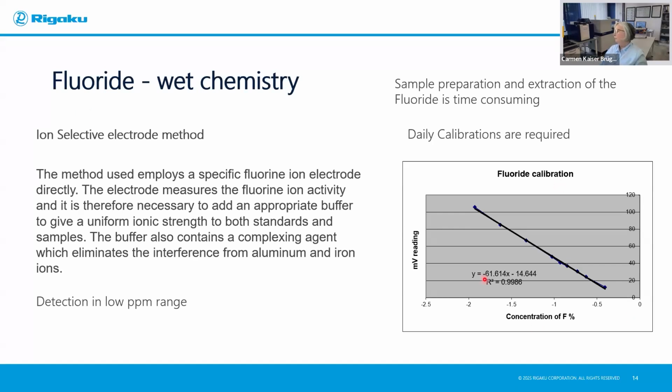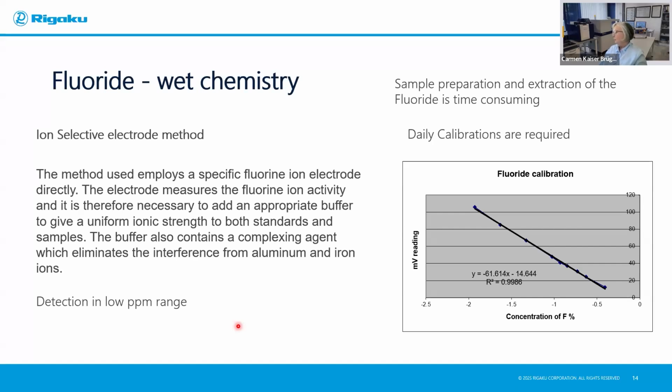And of course, once you've done the calibration of the ion selective electrode, we would then, of course, also need to prepare the samples in the same way. We also have some problems with this kind of technique, because we have interferences from alumina and iron, and so the ionic strength adjusting buffer is really needed for this.